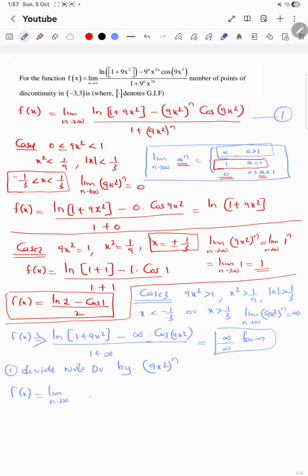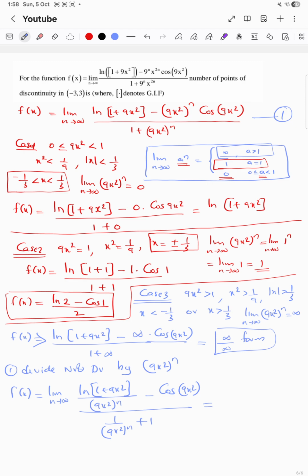limit n tends to infinity ln 1 plus 9x square divided by 9x square raised to n minus cos of 9x square whole divided by 1 by 9x square raised to n plus 1. Now apply the limit. When I apply the limit, what will be numerator?